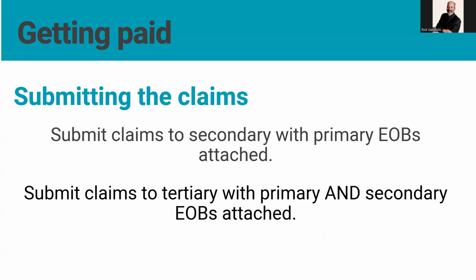When you submit the claim to the secondary, we attach the primary EOB. When we submit claims to a tertiary, we submit the primary and the secondary EOBs. I always do those as screenshots or attachments. Always. There is also CAS coding, and we're not going to get into CAS coding today, but it is also important.